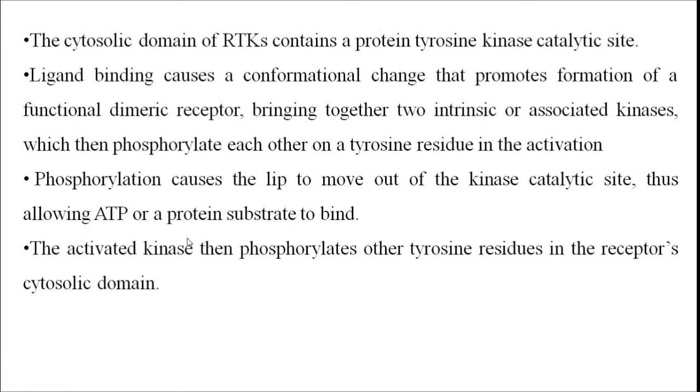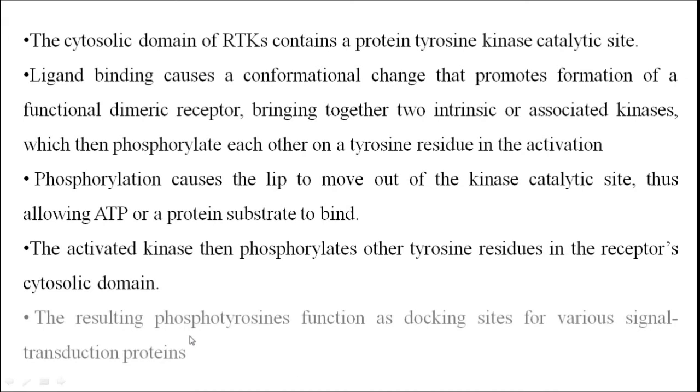So this activated kinase now transfers one of the phosphate groups to the tyrosine residue so that after receiving the phosphate group, the tyrosine residues are phosphorylated and we can say the activation of the kinase will take place within the cytosolic domain.